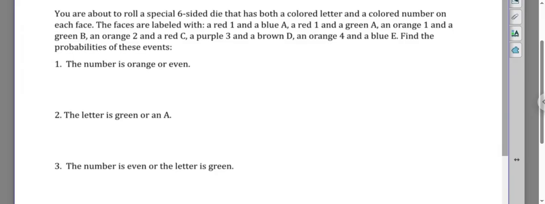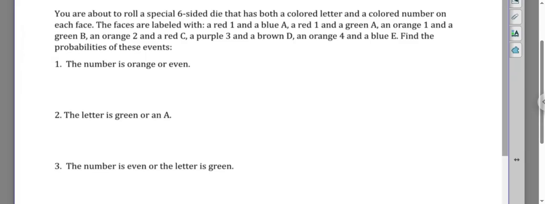So we have a red 1 and a blue A, red 1 and a green A, an orange 1 and a green B, an orange 2 and a red C, a purple 3 and a brown D, an orange 4 and a blue E. Just a little bit easier to look through versus having it all written out in the paragraph.